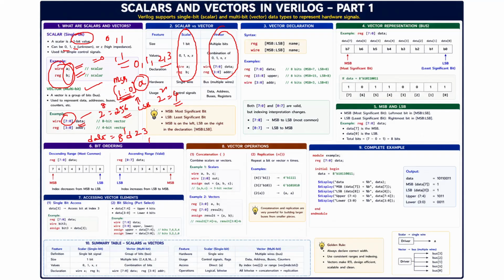And don't assign 12'o3214. In this way, don't assign, because this data type cannot store 12 bits; this vector stores up to 8 bits only, and it cannot cross that. Suppose you assign a hexadecimal value more than f, like 8'h with more digits.